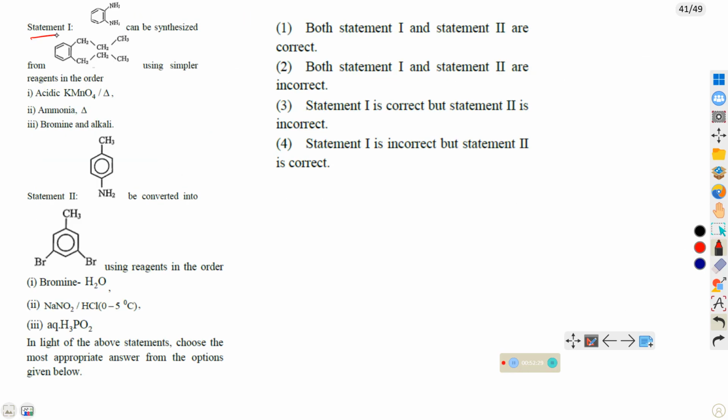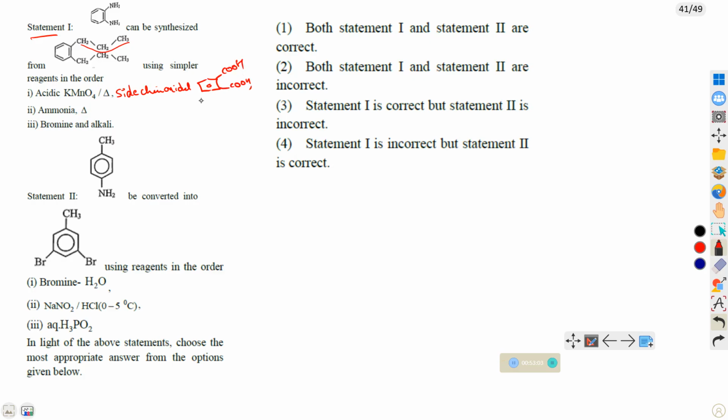Statement 1. This compound can be synthesized from this compound using simple reagents in the order. Here there are alkyl groups. Reaction with KMnO4, side chain oxidation takes place, then it gives COOH, COOH.